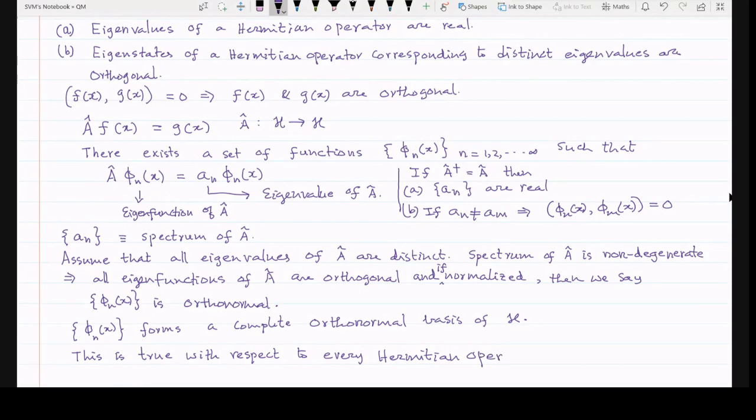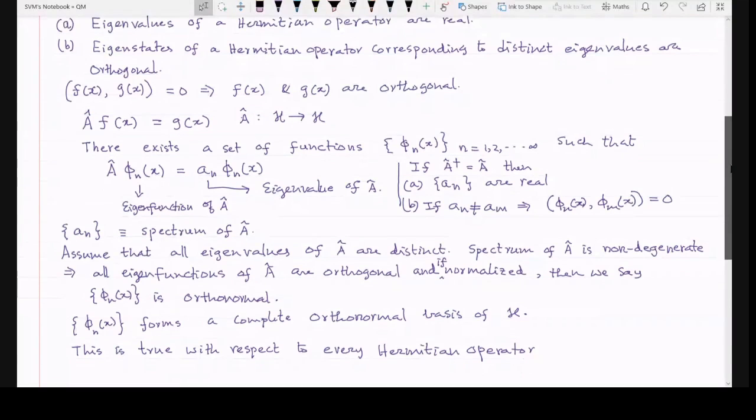We may have some Hermitian operator for which the spectrum is not non-degenerate, but even in that case, we have to do some work, but we will be able to write down a set of eigenstates which form a complete orthonormal basis for the Hilbert space.